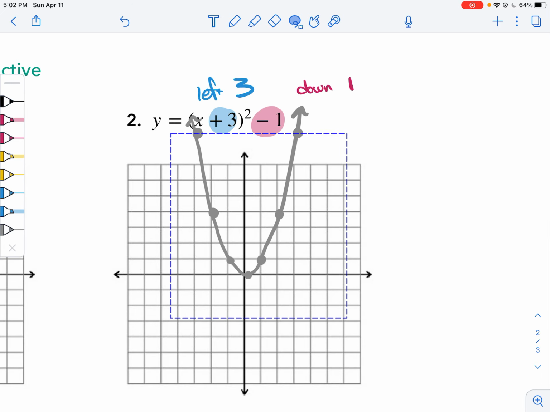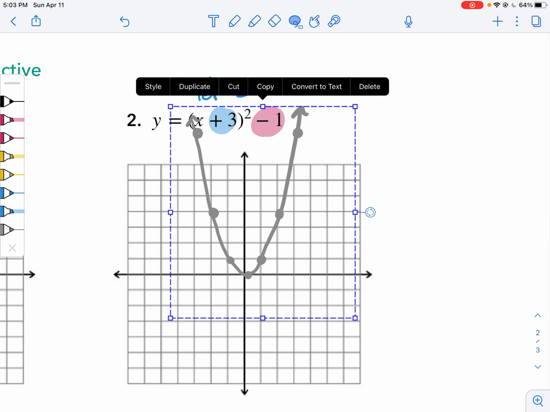I'm going to take him and duplicate him. I'm going to make him obviously new. I'm going to move him left 3. 1, 2, 3. And then I'm going to represent him with a shift. Oh, shooties McGooties. Okay. Now with a shift down 1.